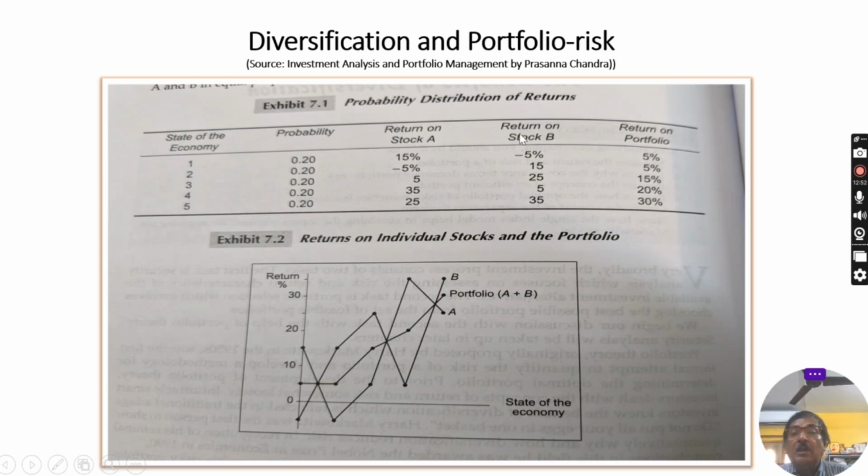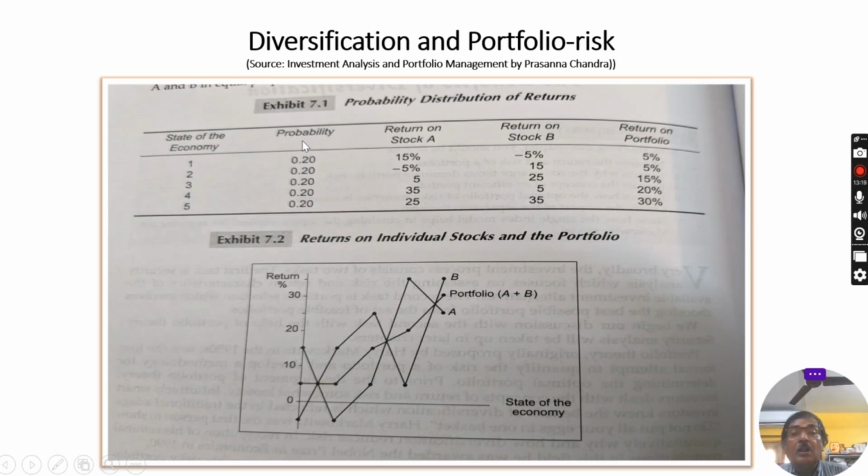Return of stock A and return of stock B. And this is the different state of the economy. Economy may change. There are several states of the economy. Say this is growth, this is decline, in this way. 1, 2, 3, 4, 5 state of the economy may happen in future. This is the probabilistic case, that is future case, that's why.